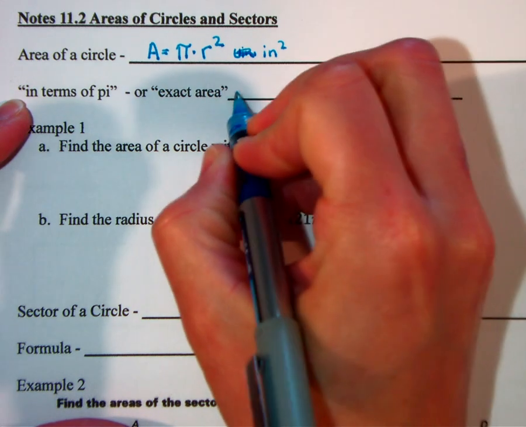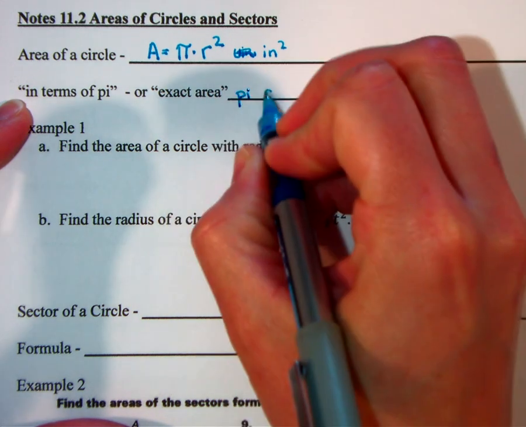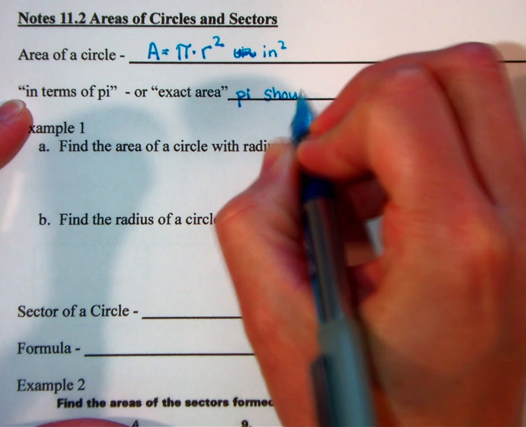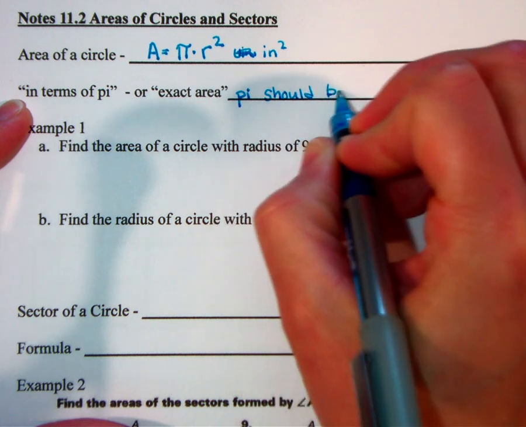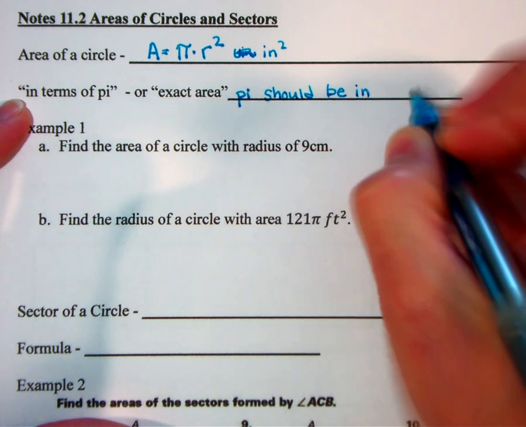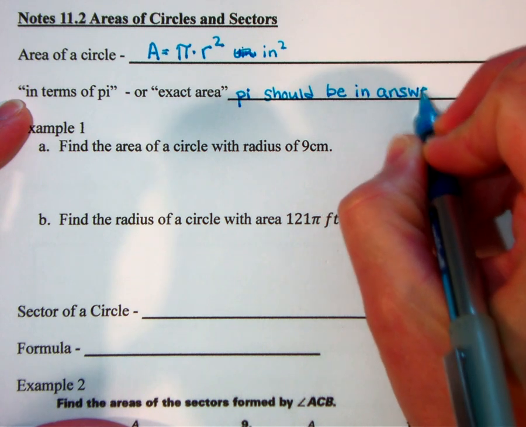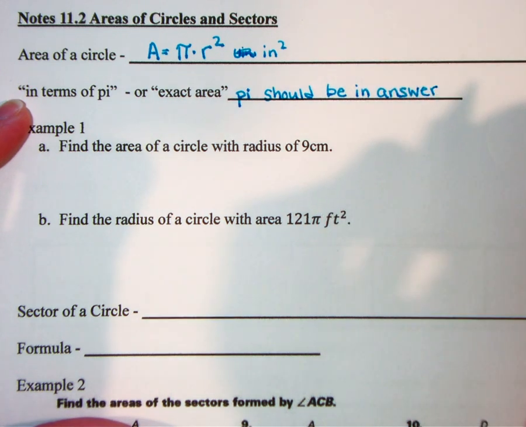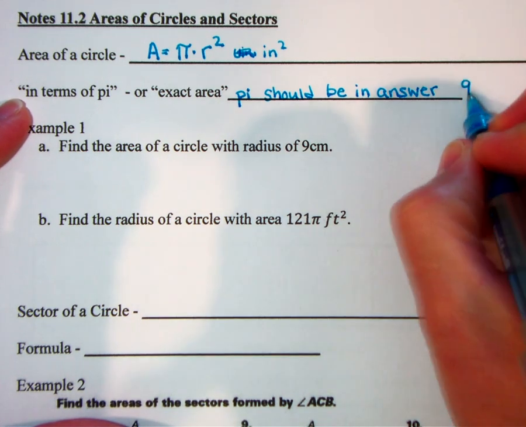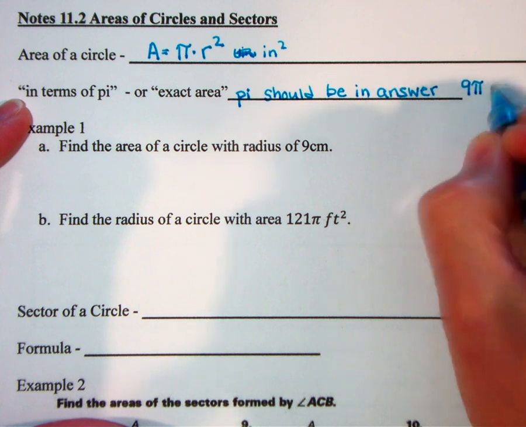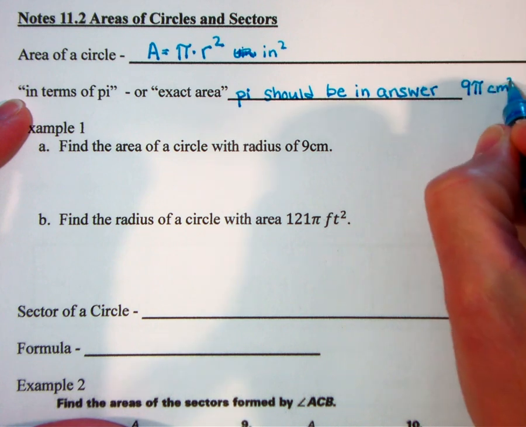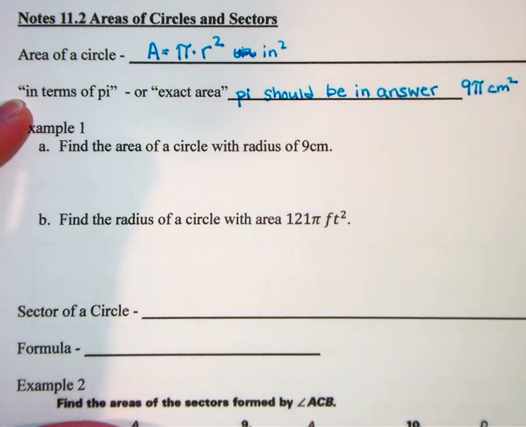So pi should be in your answer. For example, if my radius was 3, squared would be 9, so my answer would be 9 pi, and then something like centimeters squared would be your answer. So that would be an exact answer, or an answer in terms of pi.